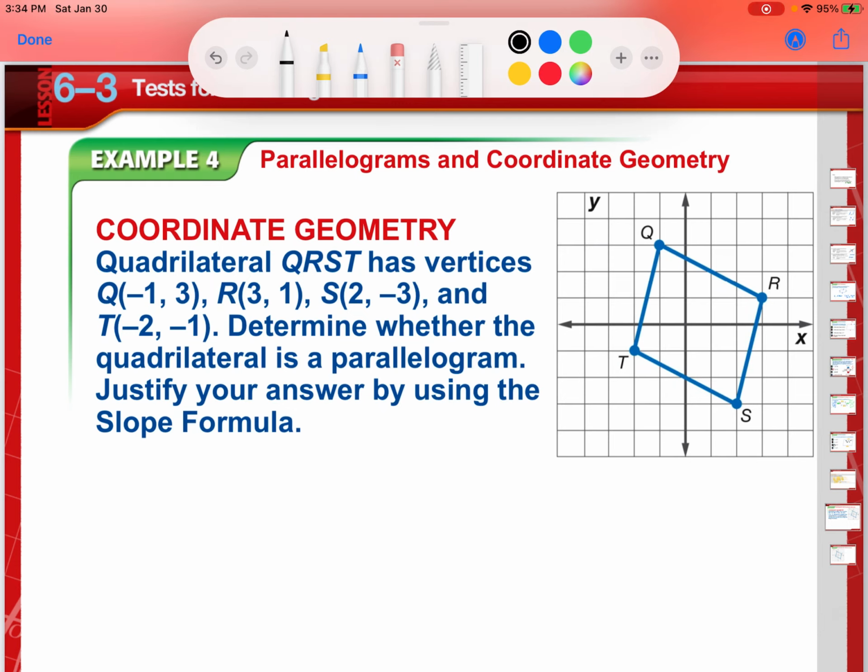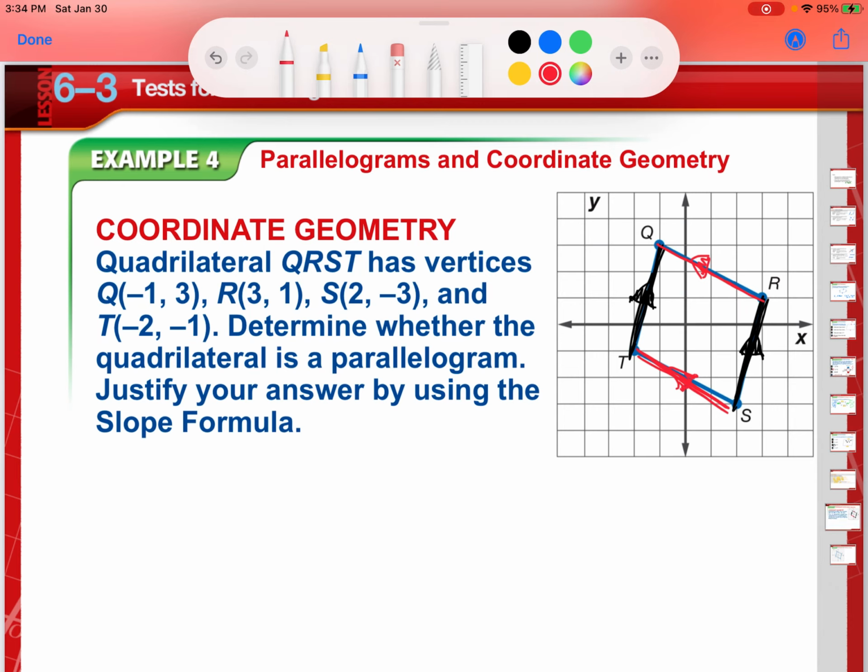The way we would do this, let's just pretend we did not have GeoGebra at our disposal. You would need to show that QT and RS are parallel to each other, meaning that they have the same slope. And then you would also need to show that QR and TS have the same slope as well.